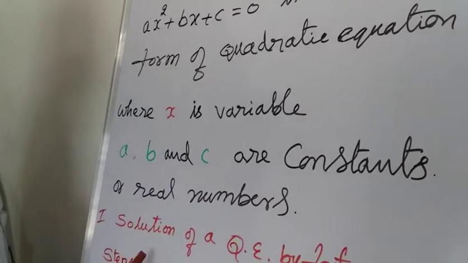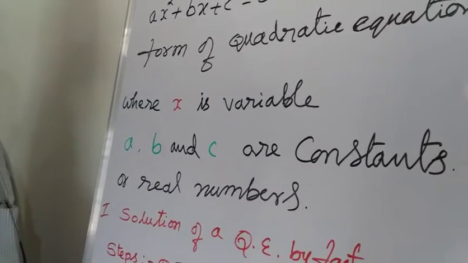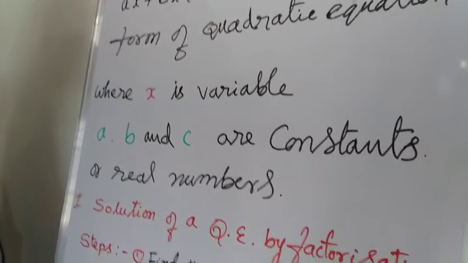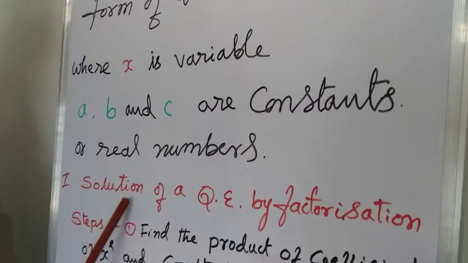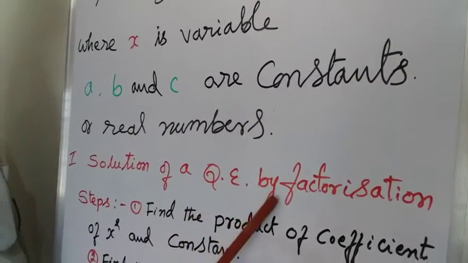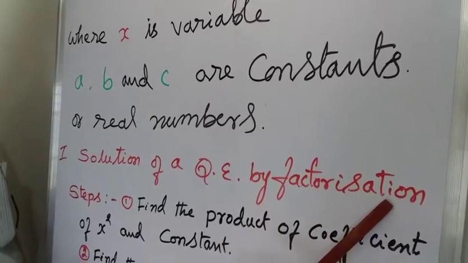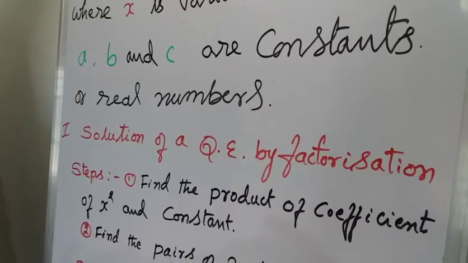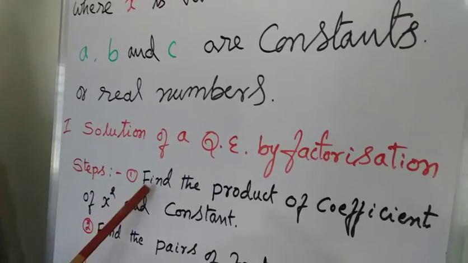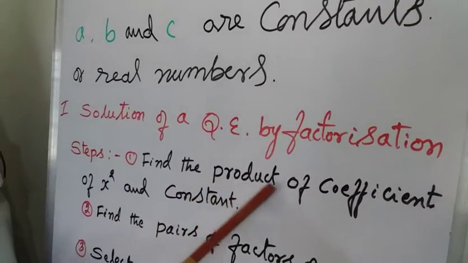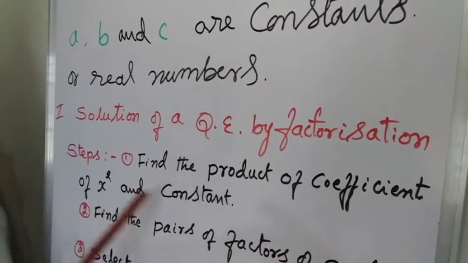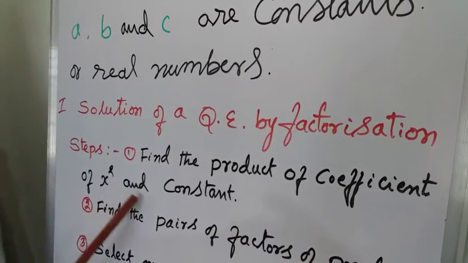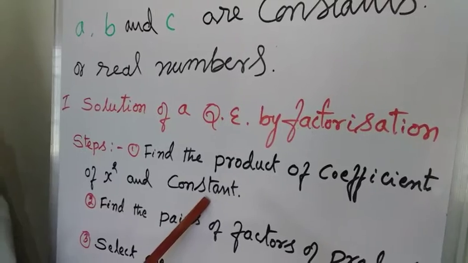So, there are different methods for solving quadratic equations. The first method is the solution of a quadratic equation by factorization. First of all, we should know the steps. Step one is to find the product of the coefficient of x square and the constant.